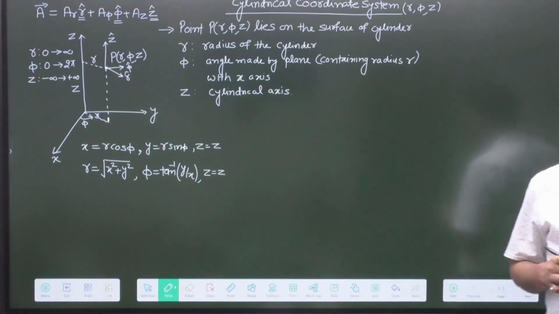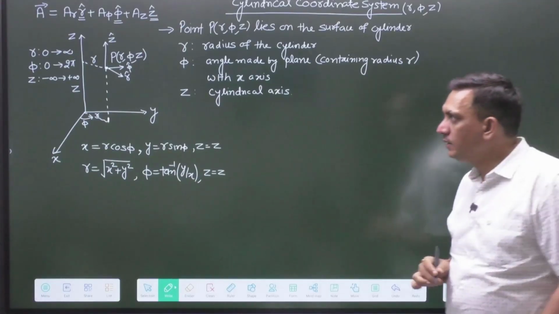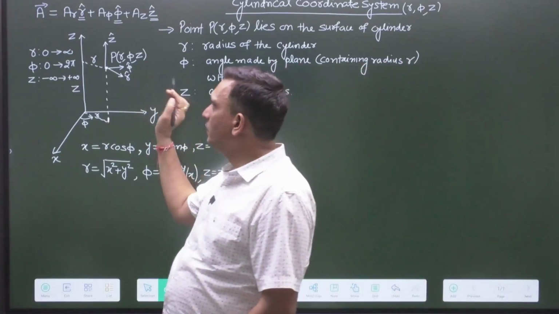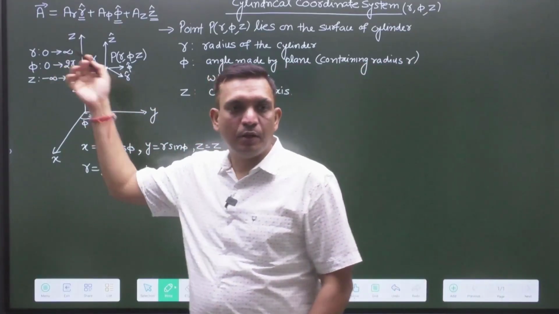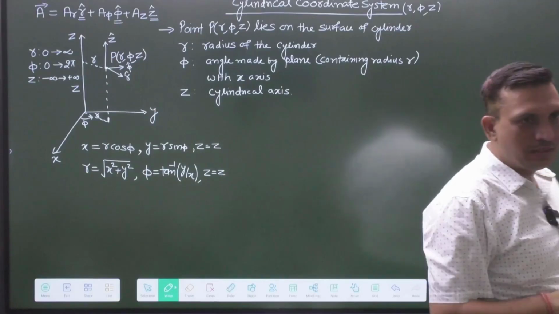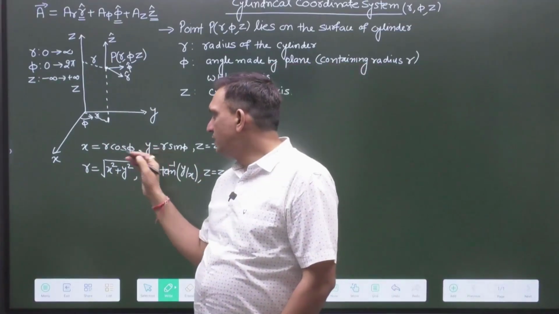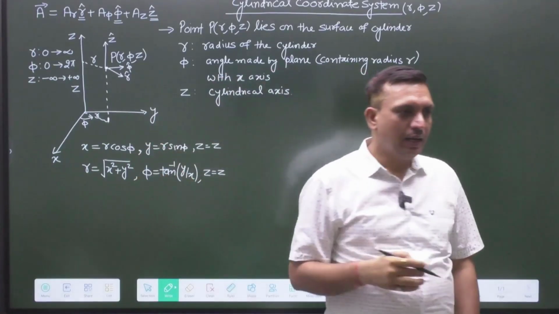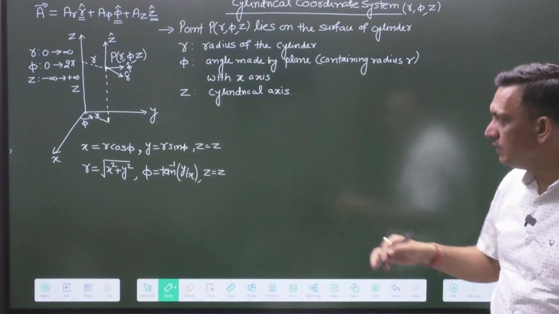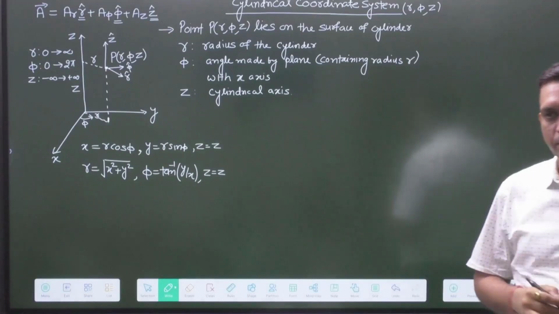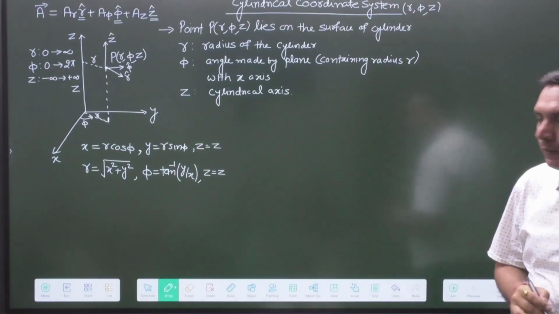So we have specified what r, phi, z are, what the directions of the unit vectors are, the possible limits of r, phi, z, and how to write x, y, z in terms of r, phi, z and r, phi, z in terms of x, y, z. Clear?